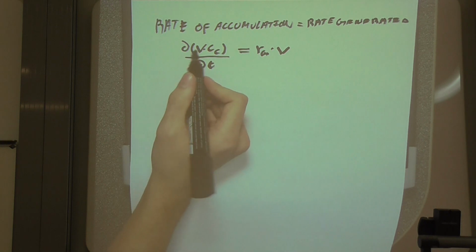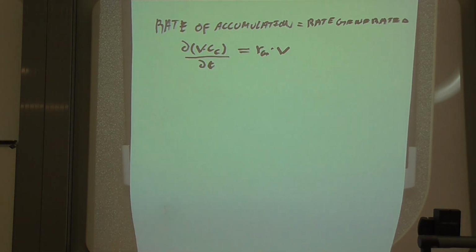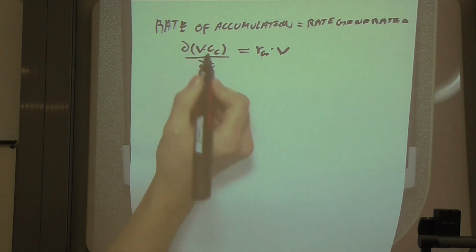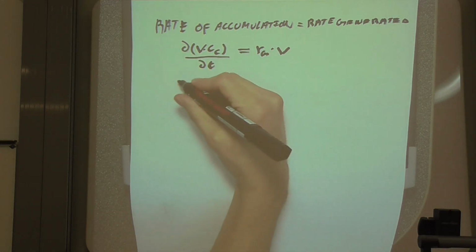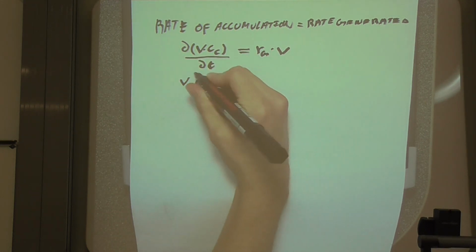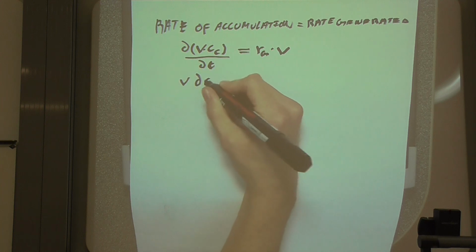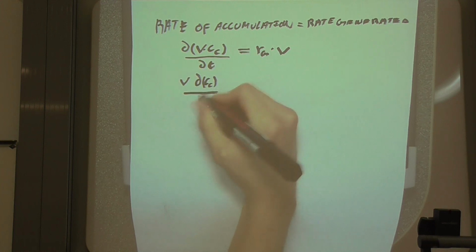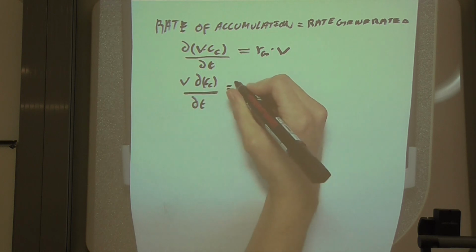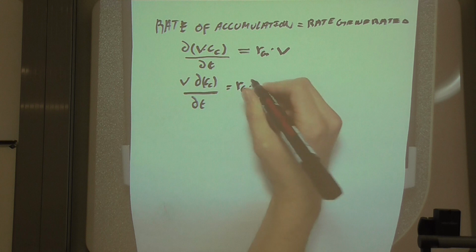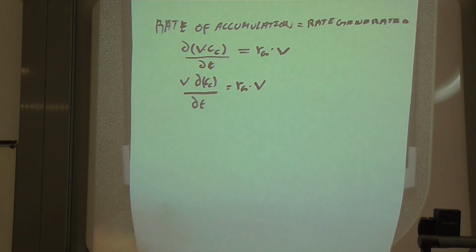Now, in the case of a batch reactor, if we assume that the density remains constant, we can say that the volume doesn't change, so we can take the volume outside of the brackets to obtain V, change in concentration of cells, by change in time is equal to the rate of growth of the cells times the volume.